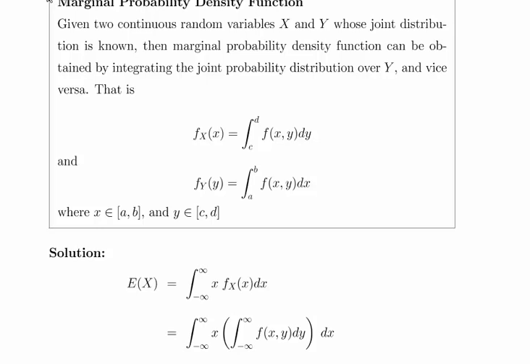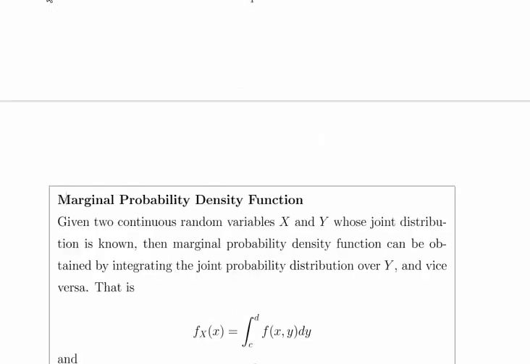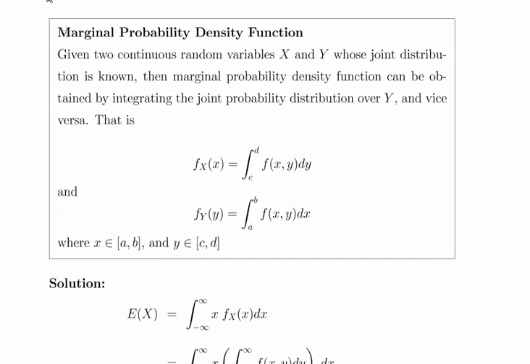Now, the key thing here is expressing the marginal probability density function as an integral of the joint density function. Sorry, my page slipped there. Okay, so here we have the joint density function in both cases. You can disregard the limits in this one.